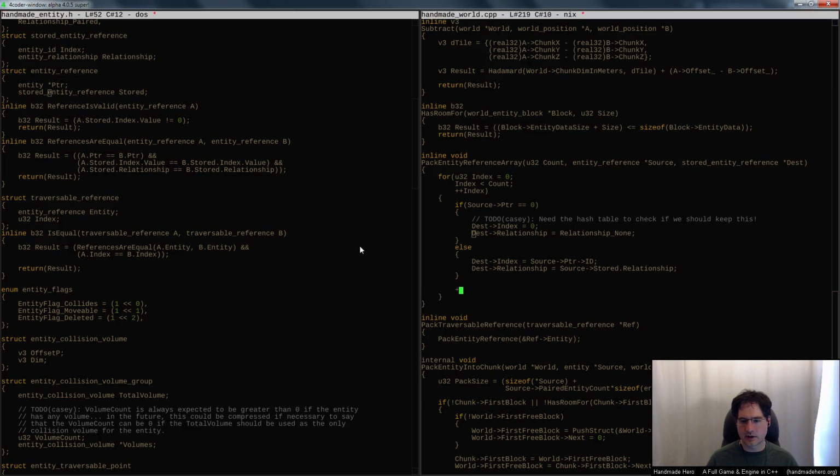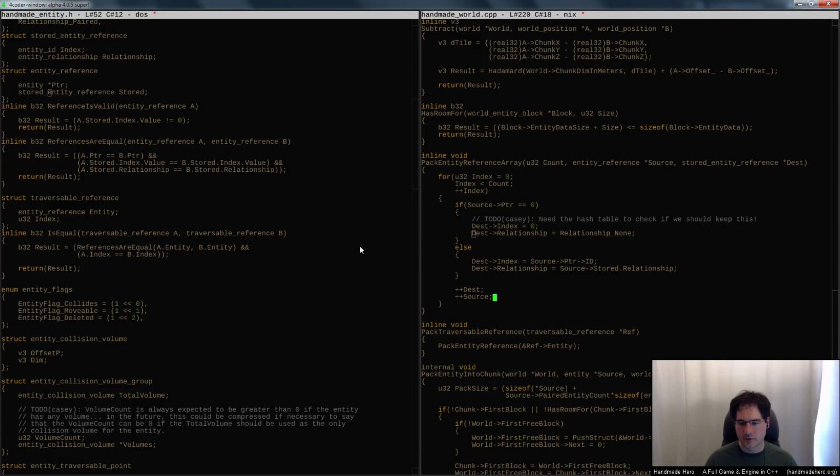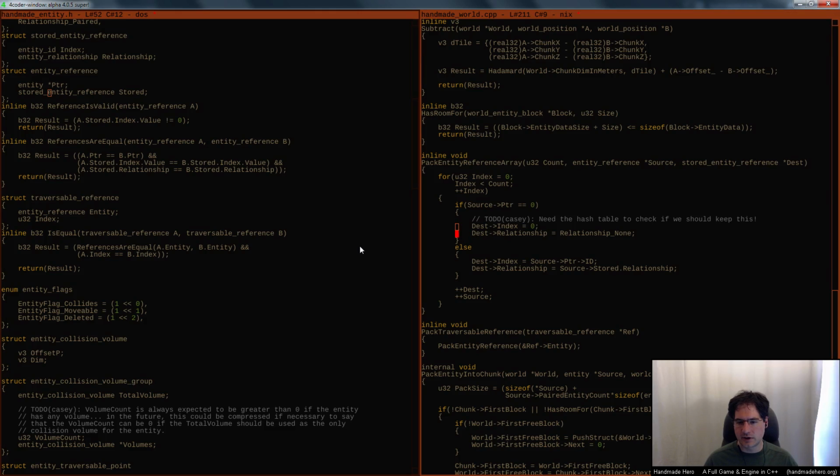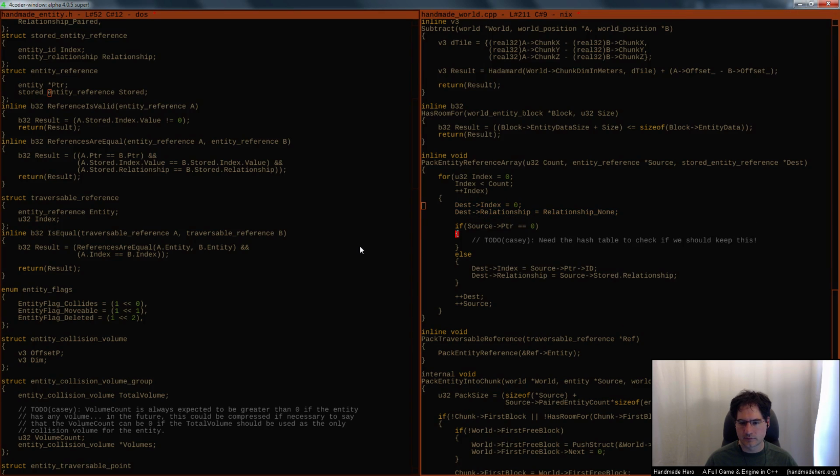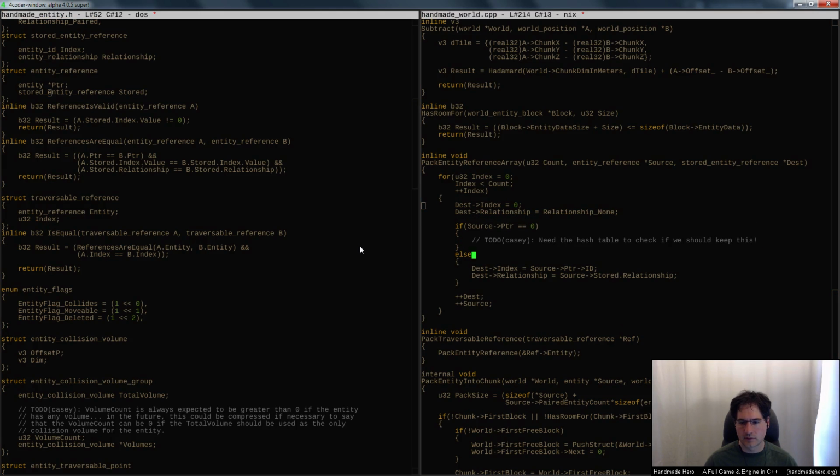Right? And we'll increment the 2. So we walk the array, and we just basically remap the source over to the dest, and then we're done. We could also do this, so at least we know it's always initialized, and then in here we could just see if the hash table, if it's found.